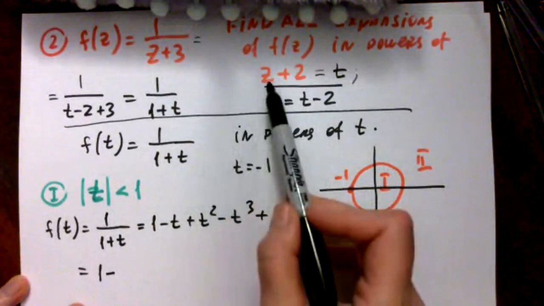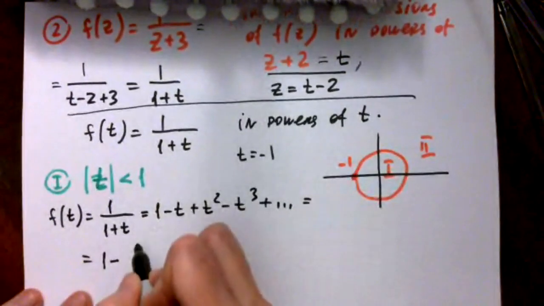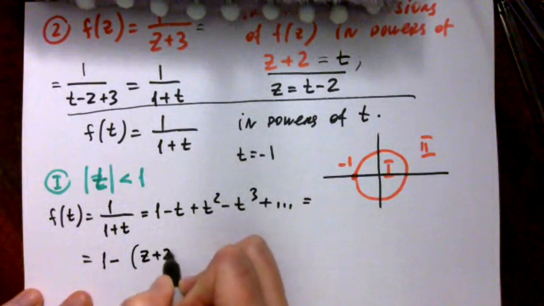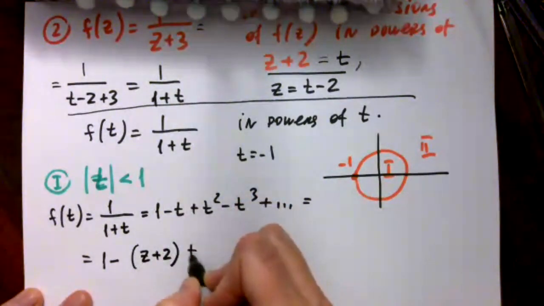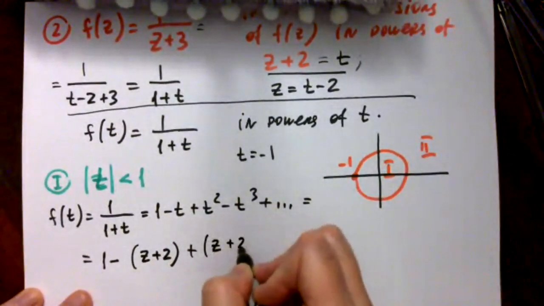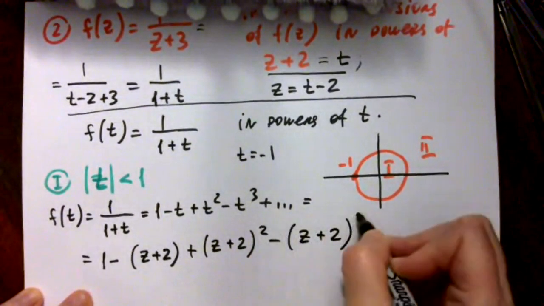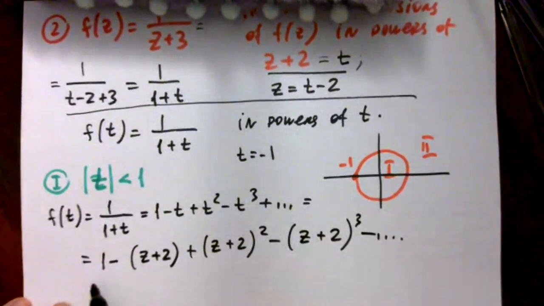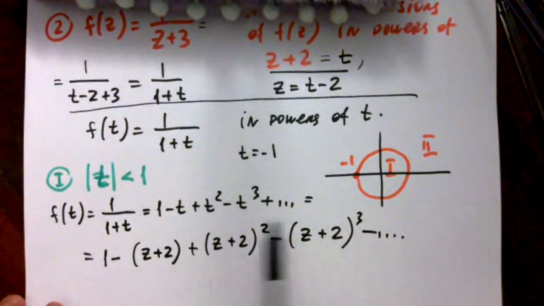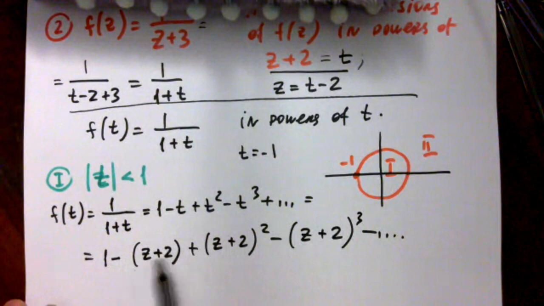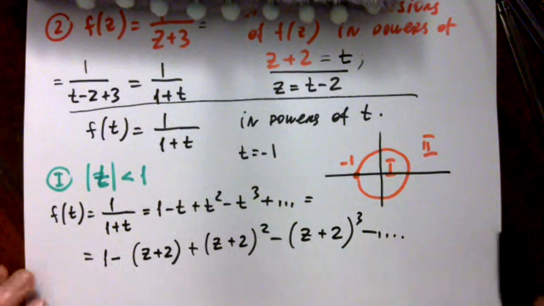Wherever you see t, you need to substitute z plus 2. So let's do it. Instead of t, I'm substituting z plus 2 here. This will be z plus 2 squared, this will be z plus 2 cubed, and so on and so on. So indeed, we did obtain the expansion, which could be called an expansion in powers of z plus 2.